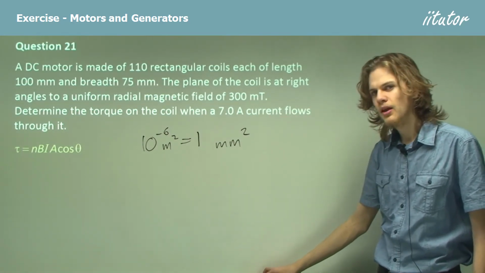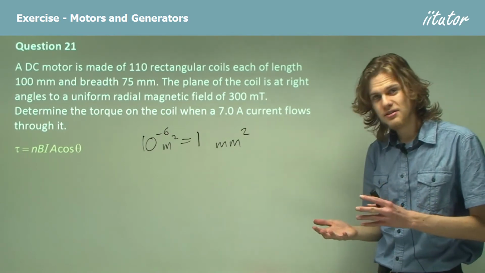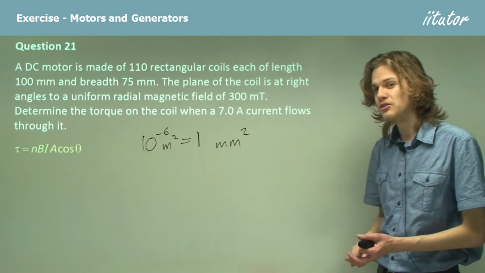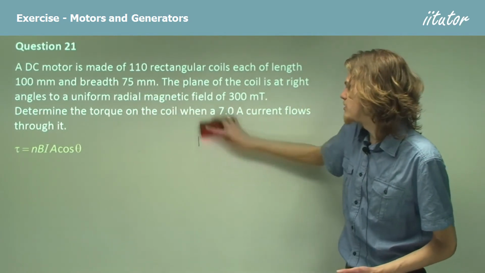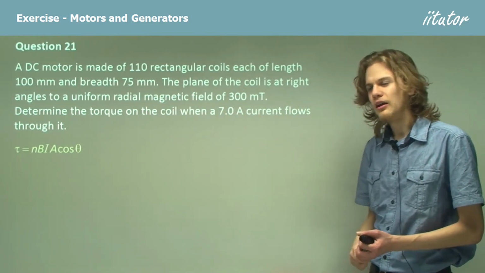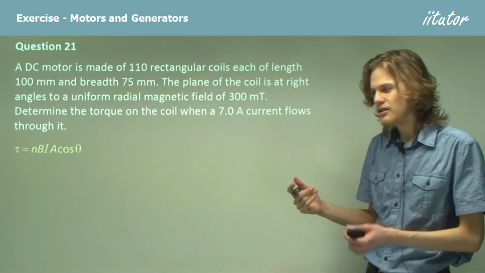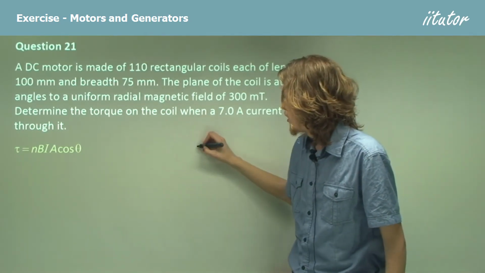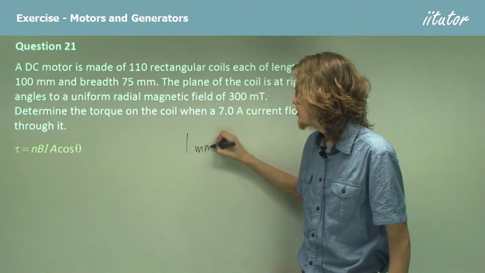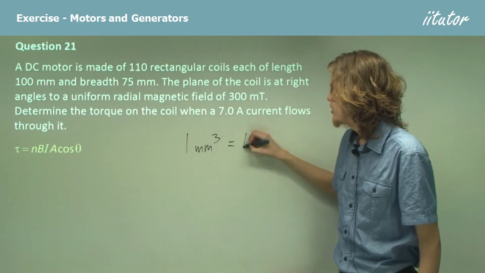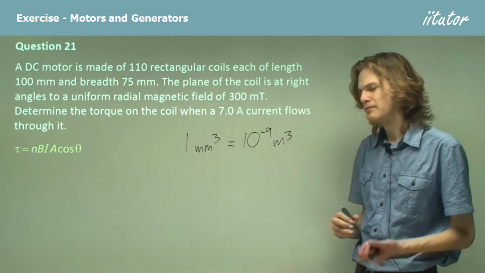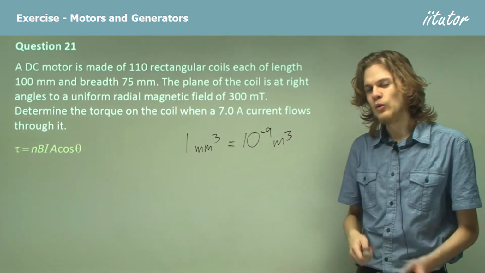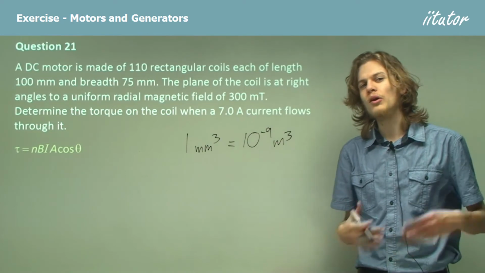We can see that for cubic meters, there's going to be an even greater discrepancy. And in fact, if we want a conversion for cubic meters, it'll be an even bigger change. 1 millimeter cubed will equal 1 billionth of a cubic meter. So it's important to remember how units work when we're squaring them.